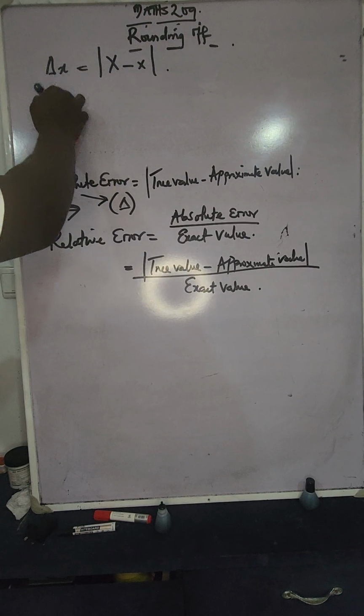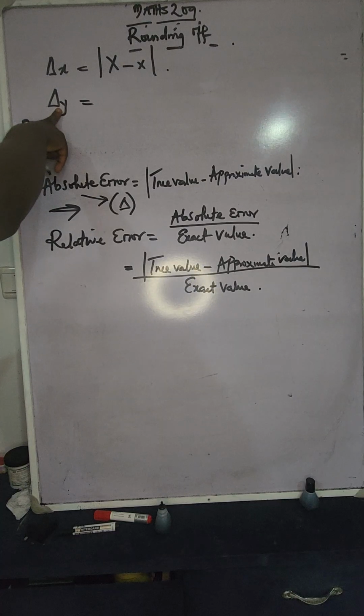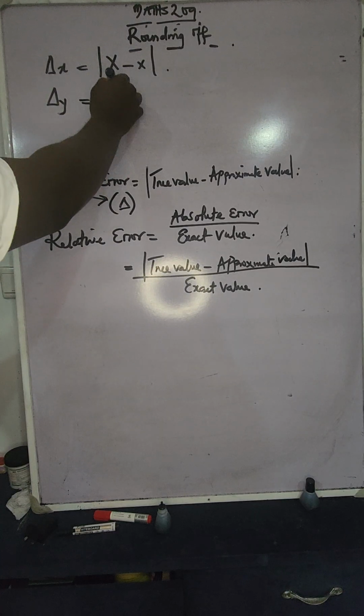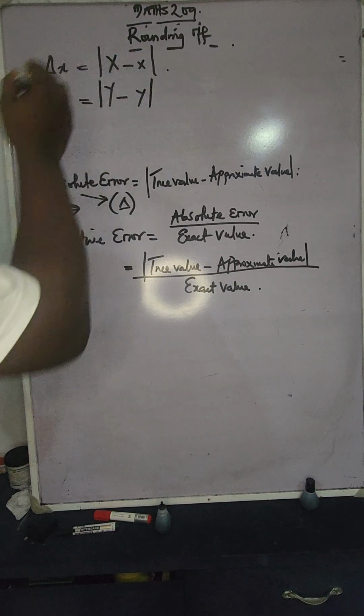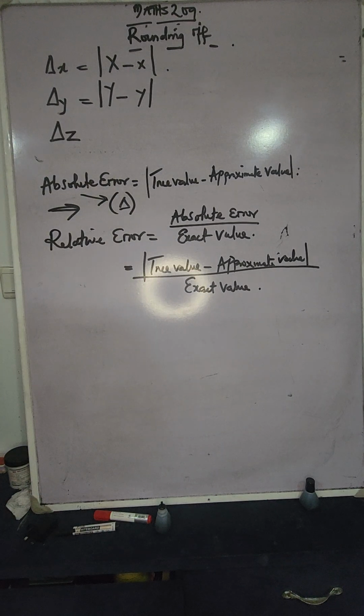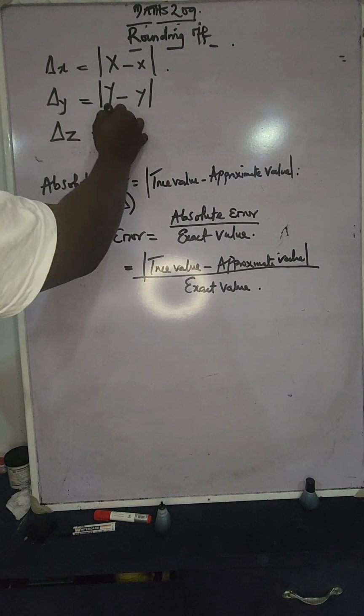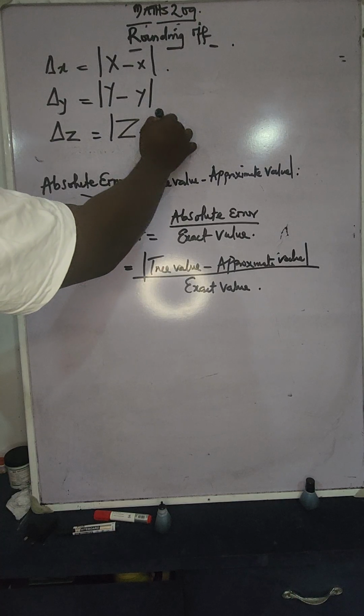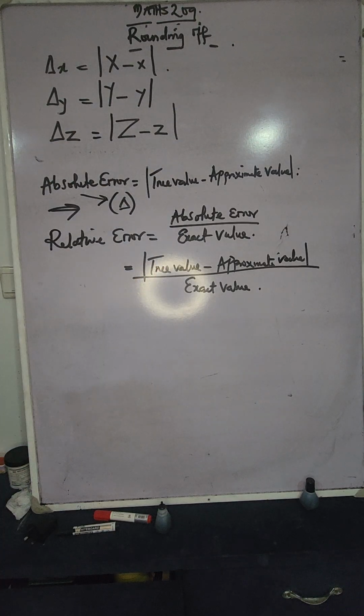If I say the change in y, that's the exact value of y minus the approximate of y. If I say the change in z, it means the exact value of z minus the approximate of z. So that is how the functionality of absolute error occurs.